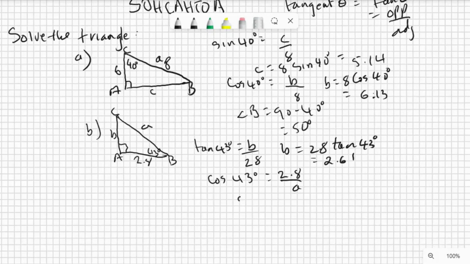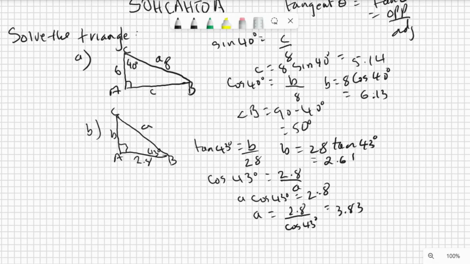I cross multiply: a times cos 43 degrees is equal to 2.8. It's not automatically this times that, so you have to be attentive. a is equal to 2.8 divided by cosine 43 degrees, which means a is approximately 3.83.